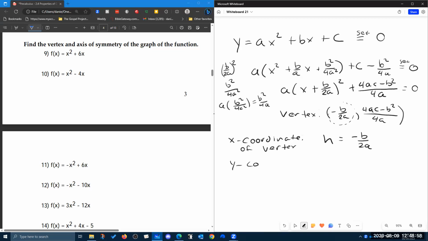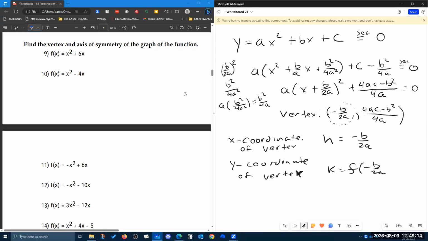And the y coordinate of our vertex, remember that we call that k, is going to be f of negative b over 2a. And we may use synthetic division to help us calculate f of negative b over 2a. We're unlikely to actually do 4ac minus b squared over 4a to calculate it, even though that's what it is. You could figure that out, that that's what it's going to be every time.